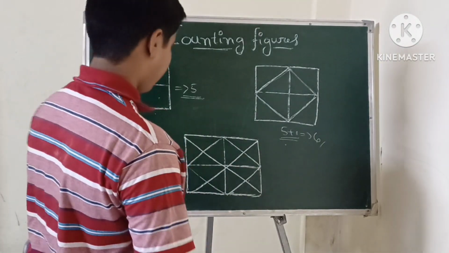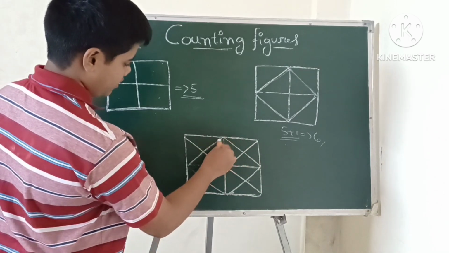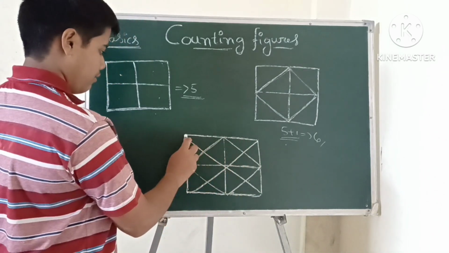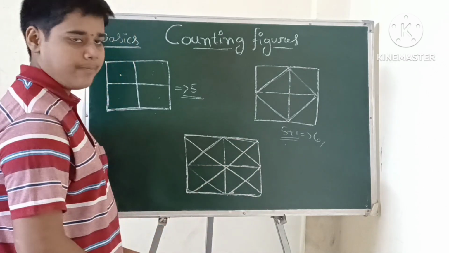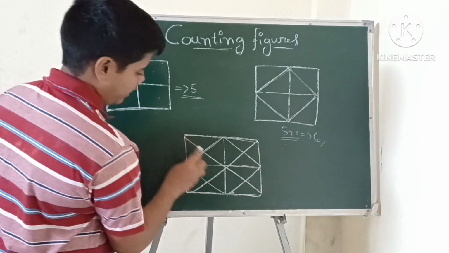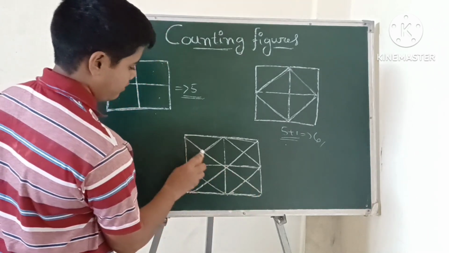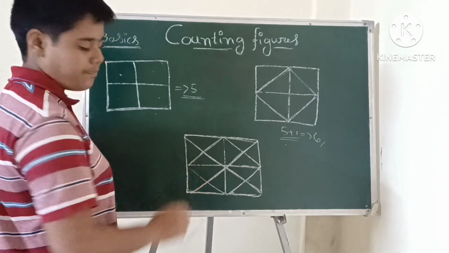Okay. So in this figure, again, if we count how many squares are in this square, here it is the same as this square, but another 2 lines are joined. See here, this is one line and this is one line.